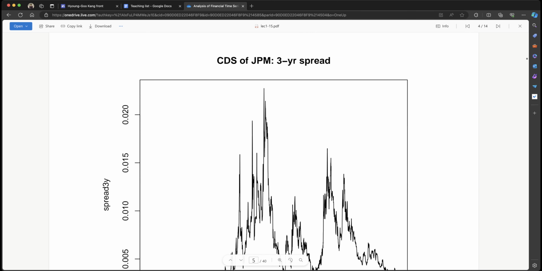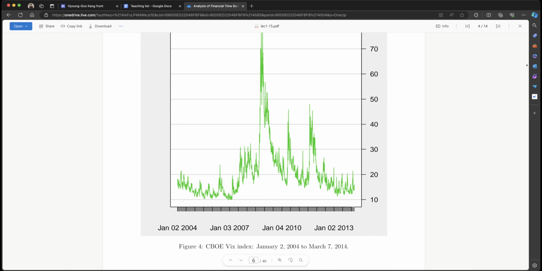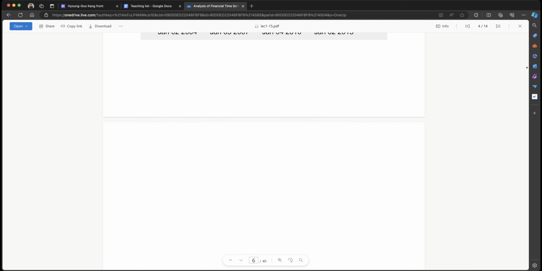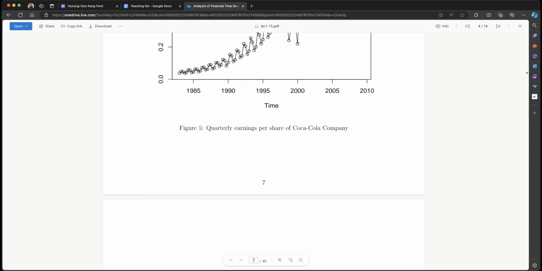This is the CDS 3-year spread. Okay, let me slightly zoom out. And then this is the CBOE VIX index. Good. And then this is Coca-Cola earnings per share. So there is clearly a cycle here.